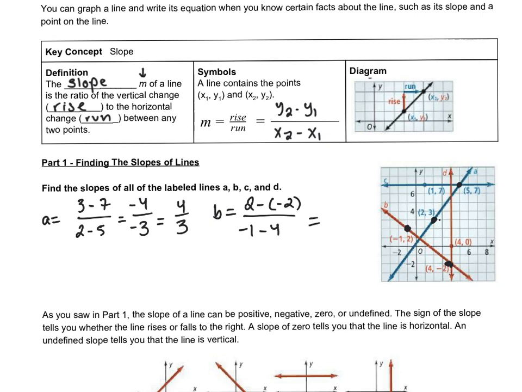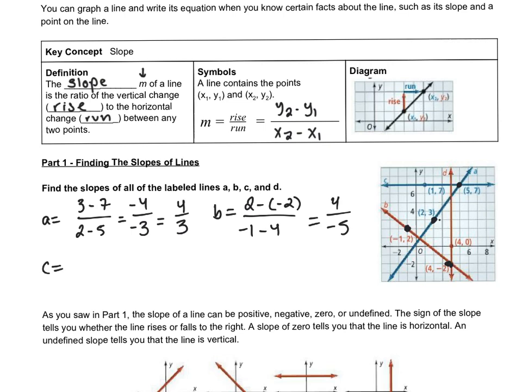The numerator, 2 minus negative 2 is positive 4, excuse me. And negative 1 minus 4 is negative 5. So the slope of B is 4 over negative 5.